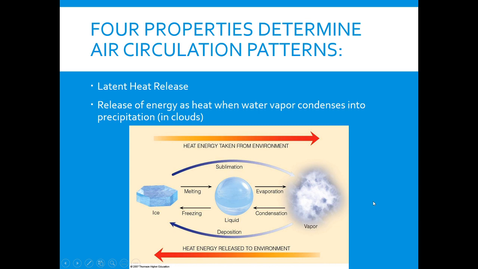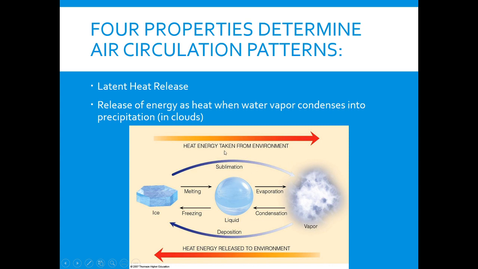And then latent heat release is the last little bit, and this is just the release of energy as heat when the water vapor condenses into precipitation. So as water condenses and as it freezes, there is heat released.